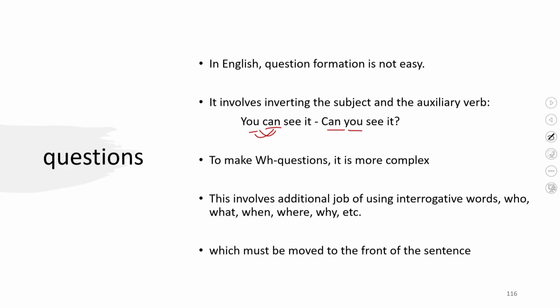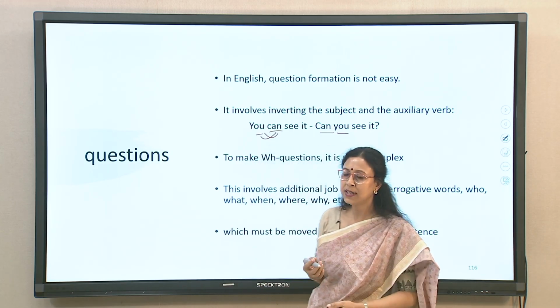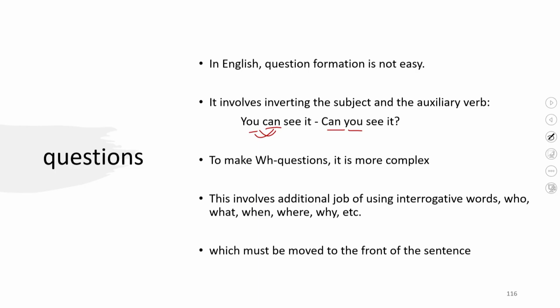So, this is a yes-no question, but if you have a WH question in English, then it is a slightly more complex kind of structure. What does that complexity involve? This involves the additional job of using interrogative words like who, what, when, where. This is why we call them WH questions.